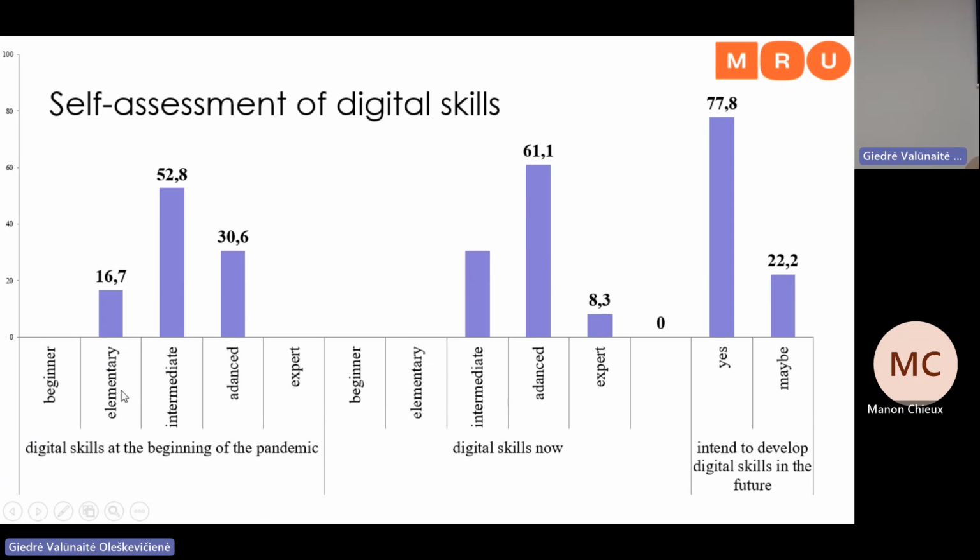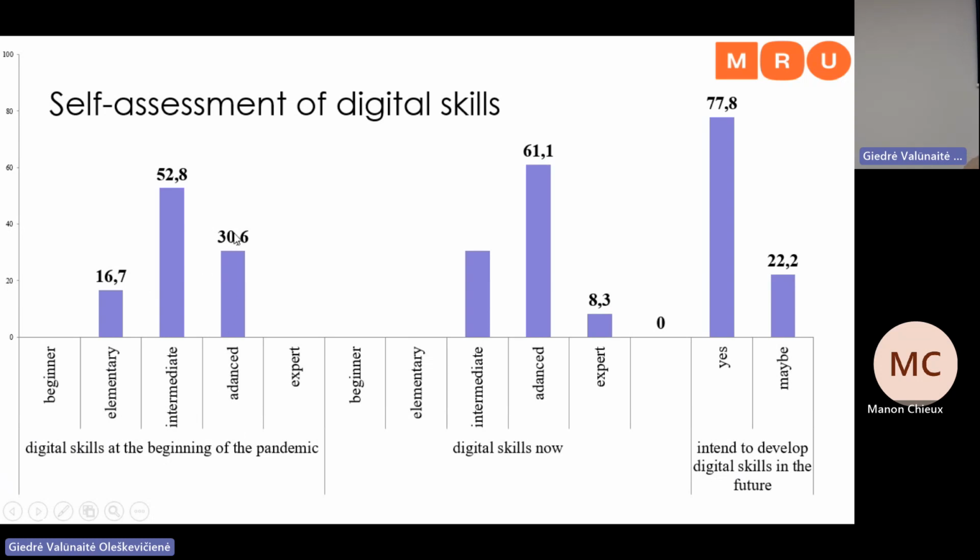Before the pandemic situation, they thought that they have either elementary level, most of them identified as being intermediate users of different technological appliances.